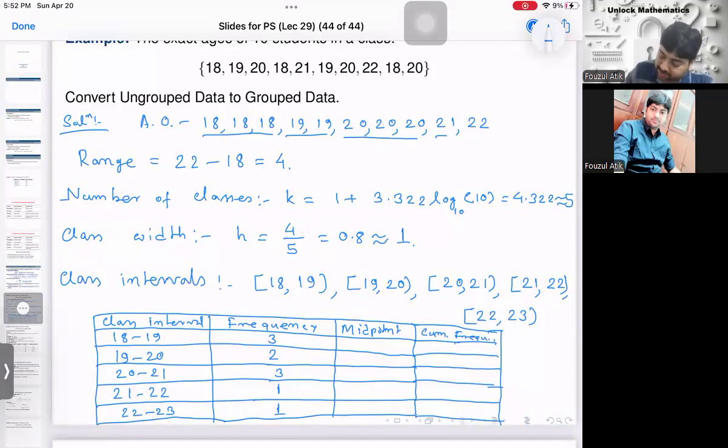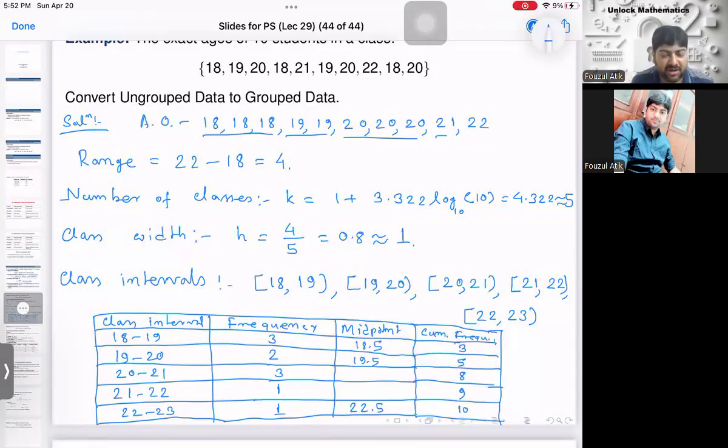So what is the cumulative frequency? It is 3. Next is 3 plus 2, 5. Next is 5 plus 3, it is 8. Next is 8 plus 1, it is 9. And next is 10. Midpoint is the midpoint of that interval, which is 18.5, 19.5, and so on for each interval. Why did I extend this table?